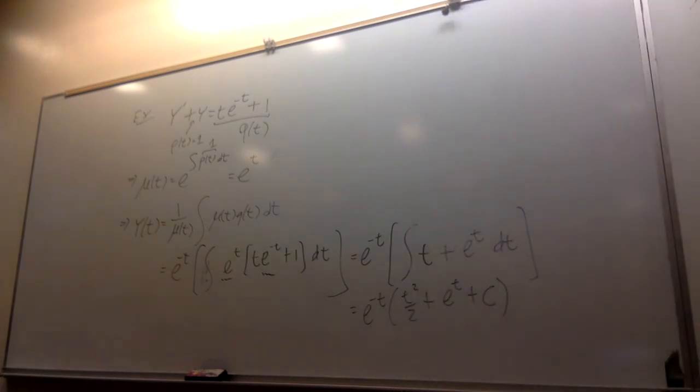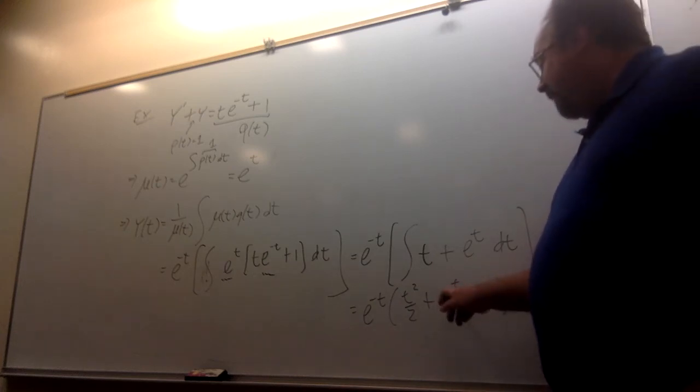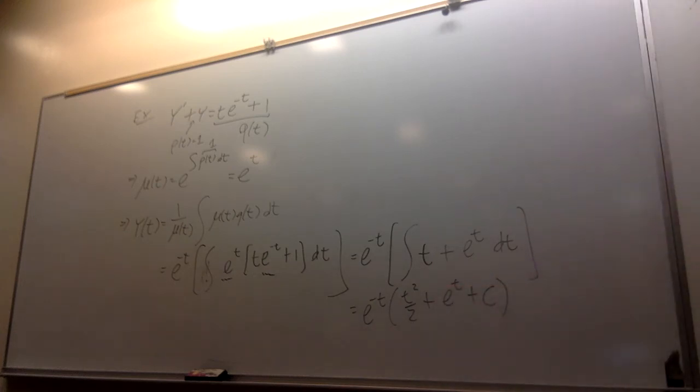So then you can go ahead and stop here, or you can distribute the e to the minus t through, which would cancel with this and give us a constant term. And then you have two terms with an exponential in them.